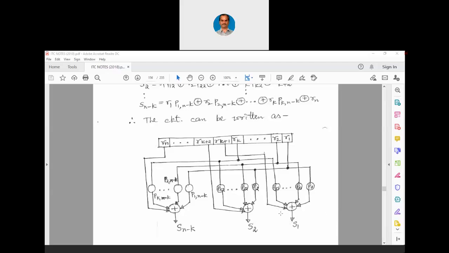Actually, with each syndrome bit, the number of XOR gates is increasing, so to say. Of course, I cannot say it is increasing, because in the identity matrix there is only one particular row. So the number of inputs to the XOR gates remains the same. But you can visualize the XOR gate circuitry now, as we have studied in the VLSI course, and also the XOR gate layout.